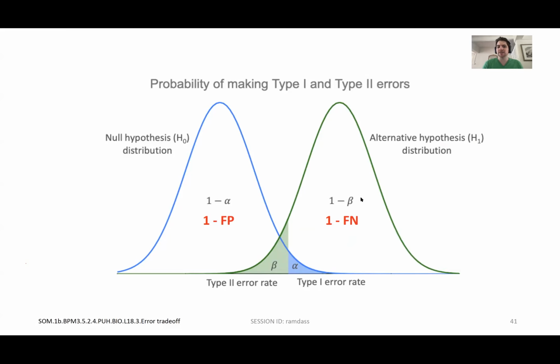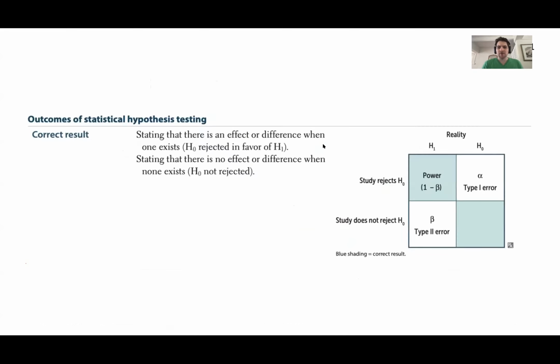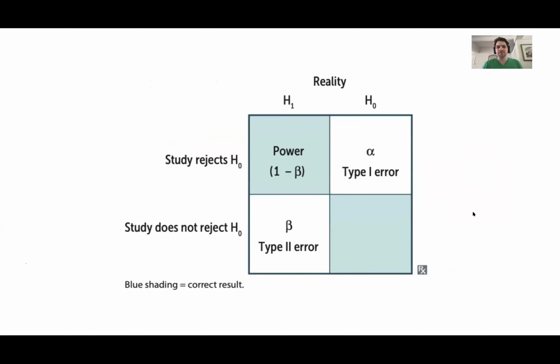So these are all your positives. So this is your power. If you have a low false negative rate, that can correlate to you being able to reject the null or accept the alternative hypothesis. All right, and then you could see this here. Y'all are familiar with this. If we break it down, you could see this is where everything falls.